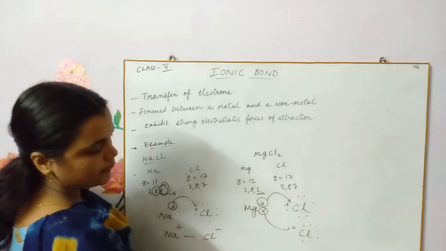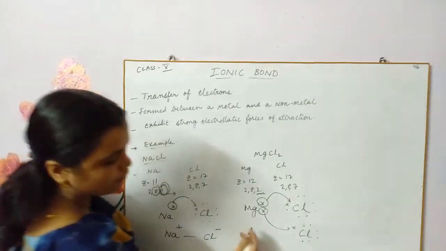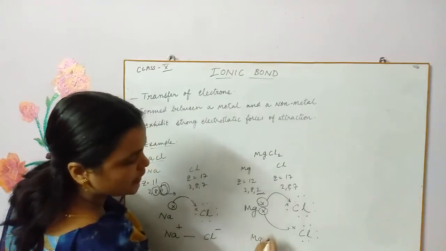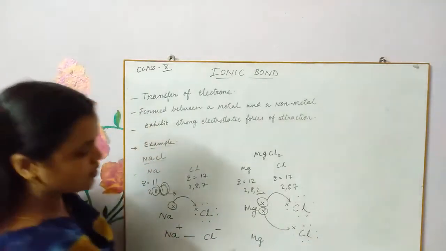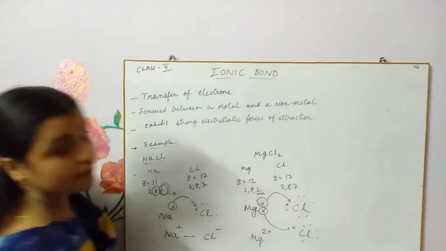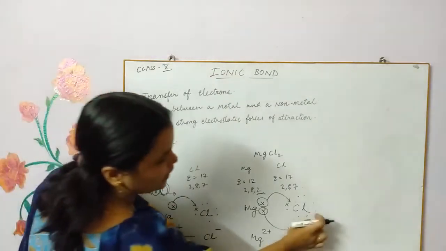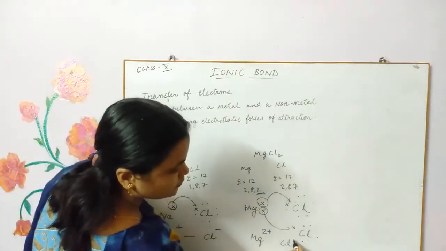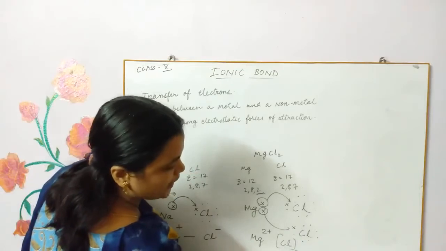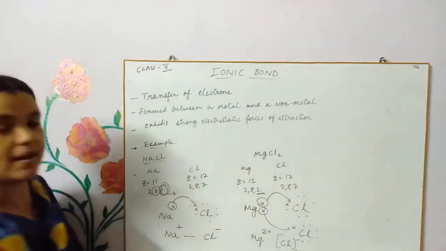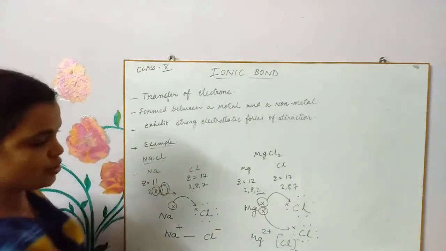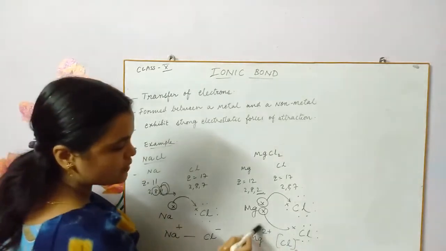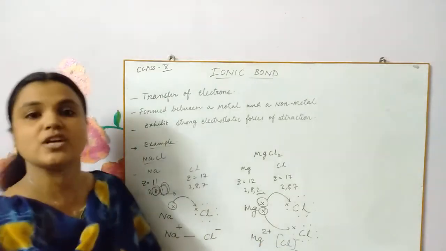Now what is the net charge on magnesium after the transfer? How many electrons are getting transferred here? 2 electrons. So it gets a net 2 positive charge. And here chlorine, how many atoms are there? 2, and they each get a net negative charge. So here also 2 positive and 2 negative charges.